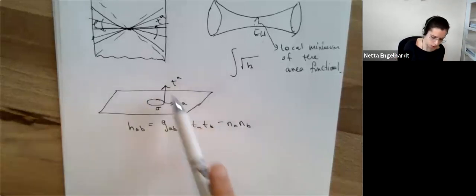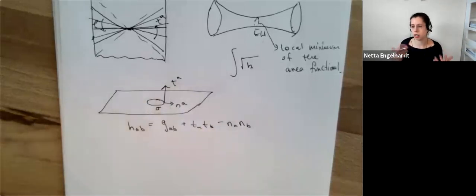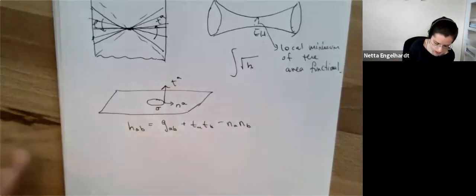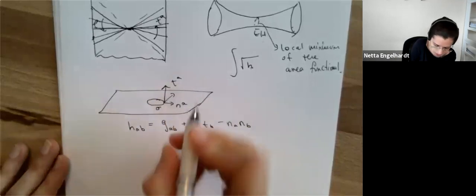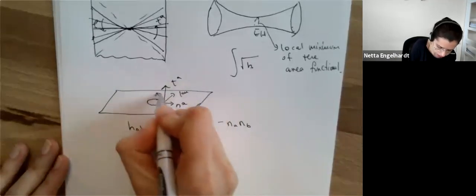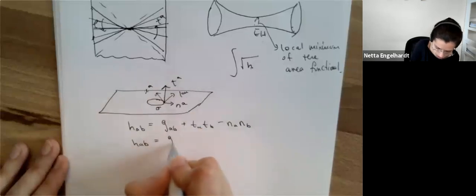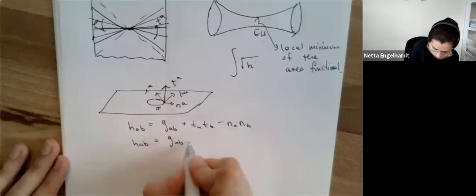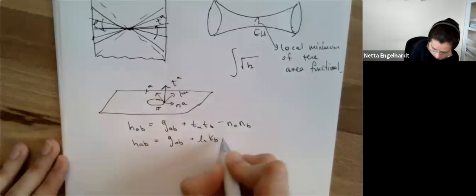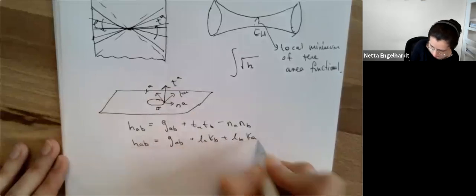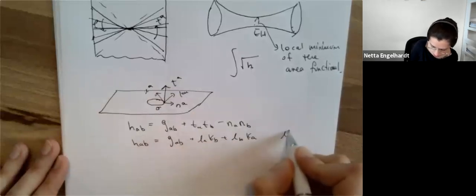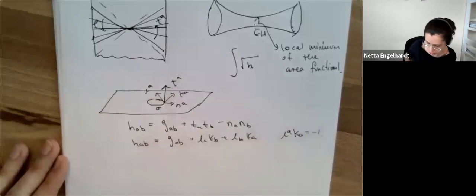Now this is just one choice of a decomposition of the space of vectors that's normal to sigma. We can also pick two null vectors, k^a and l^a, and we could just as easily write down g_ab plus l_a k_b plus l_b k_a, and here I've normalized things so that l_a k^a is -1.